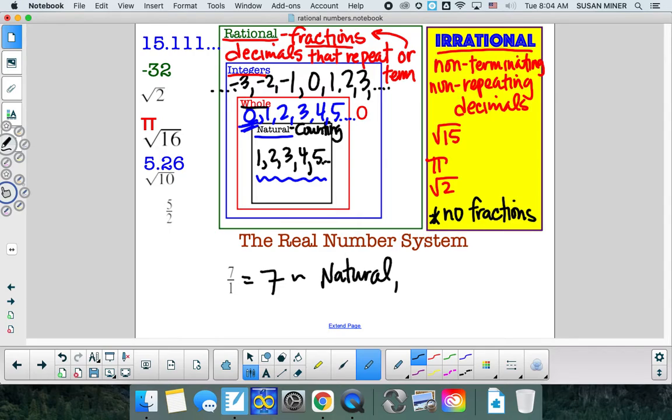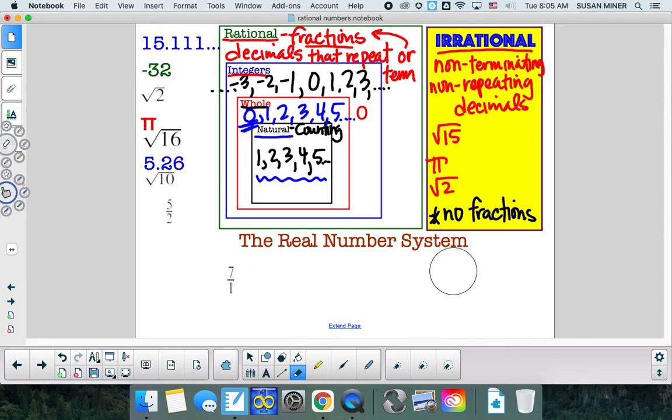It would be a whole number. It would be an integer. And it would be rational. It's all of those things. And because 7/1 is the same as the number 7, it belongs in all of those groups.